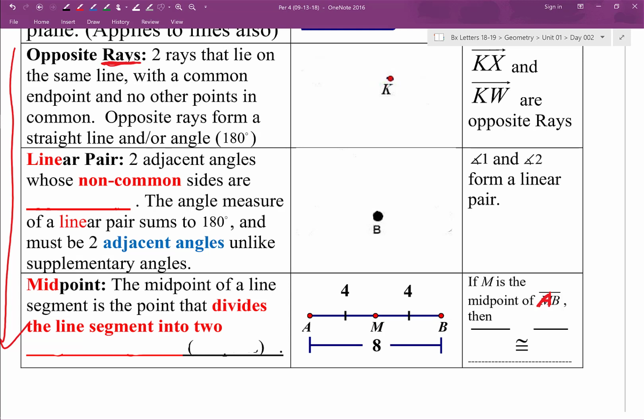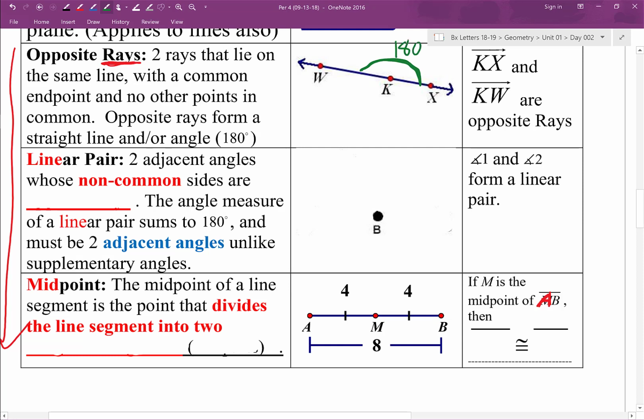Alright. If we put all of that together, Lizette's saying, look, they gotta have the same starting point. And then one of them is gonna go out. Another one can go out. And then what must they make? A straight line. So I can't draw it like that. You have to draw it in such a way that they make a straight line. Because whenever you have a straight line, how many degrees are on that line? 180.